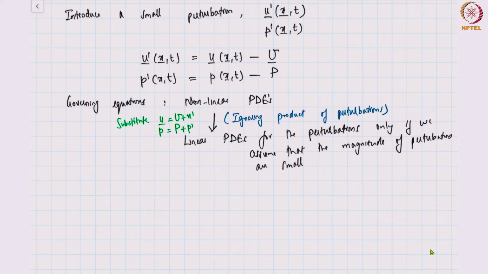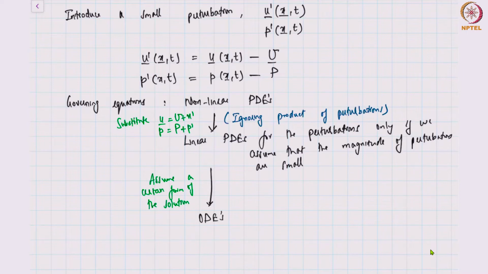Now once I have linear PDEs, I can assume a certain form of the solution. I'll tell you what the form of the solution would be. But if we assume a certain form of the solution, we go from linear PDEs to ODEs.